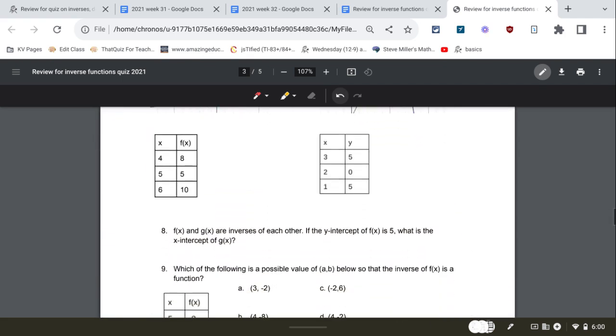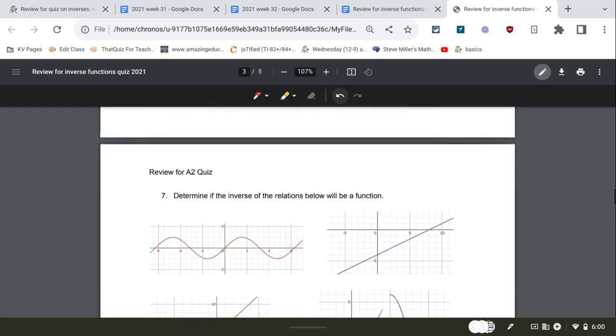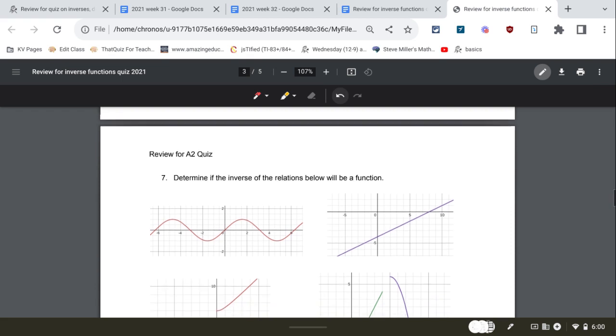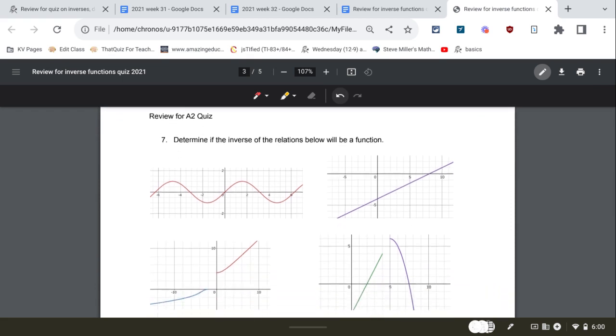All right, question 7. Determine if the inverse is going to be a function. So this one is a no, and that's because it fails the horizontal line test. All right. If you fail the horizontal line test, then the inverse fails the vertical line test, which means it's not a function.